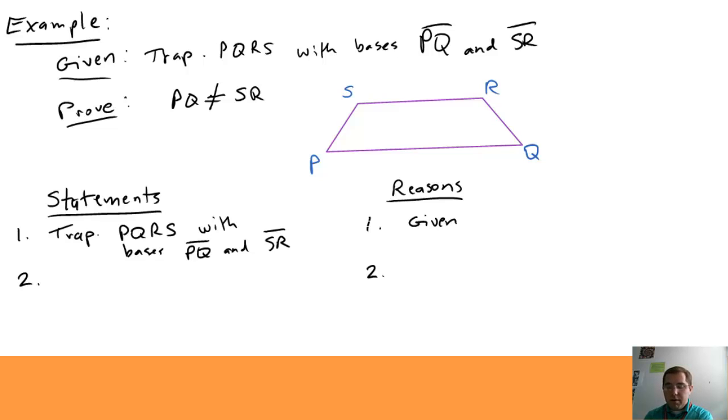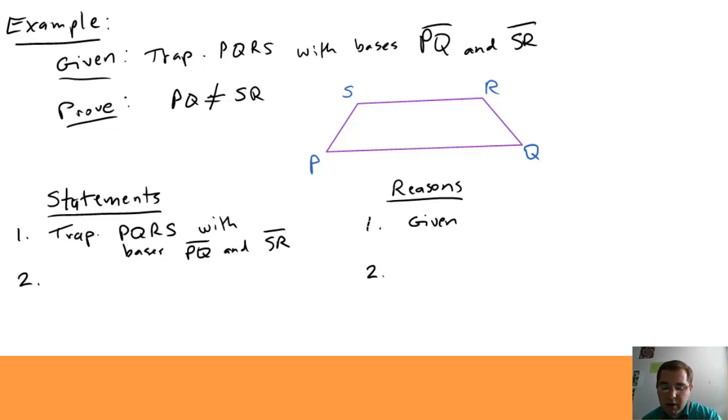We know it's possible for the legs of the trapezoid to be equal, in which case it's an isosceles trapezoid, but we're going to show that it's impossible for the bases to be equal if it's going to be a trapezoid.